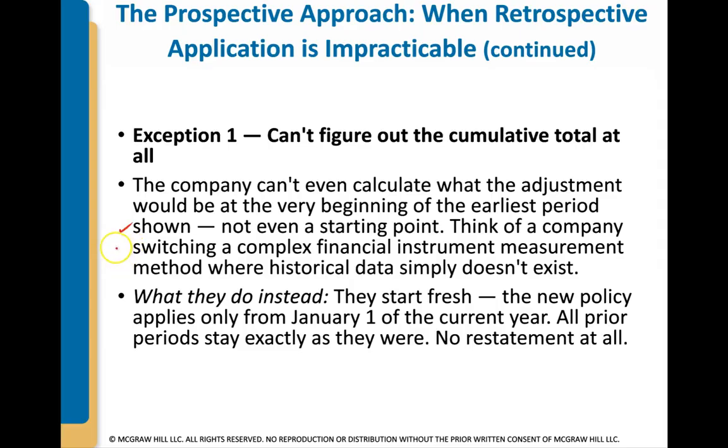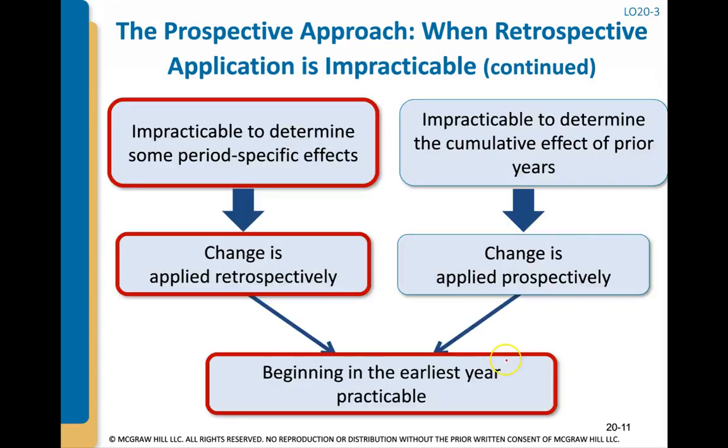You can think of a company switching a complex financial instrument measurement method where historical data just doesn't apply. So instead, they start their new policy and new way of accounting from January 1 of the current year. None of the prior period financials get restated, so it's just going forward.